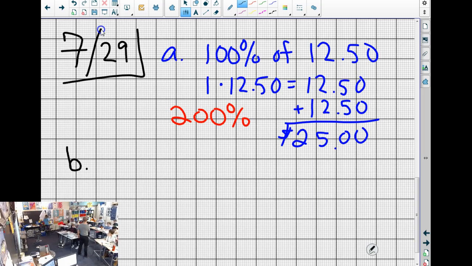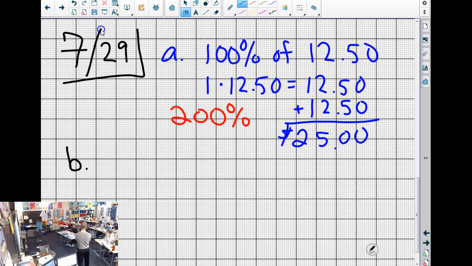With this question, part B, it says she was offered a raise of 75% to teach a private lesson. Is that 75% of the $12.50 or of the $25? It doesn't specify. It says of her hourly rate. I think you can read it either way.